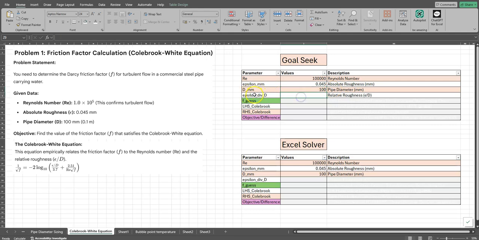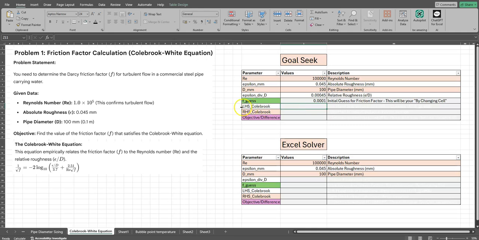Now I'm going to calculate epsilon divided by D, that is the relative roughness, 0.00045. Now I am taking the guess value of F. I can take a very small value, 0.001.